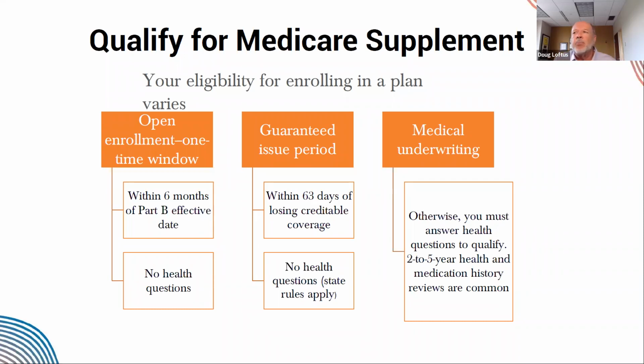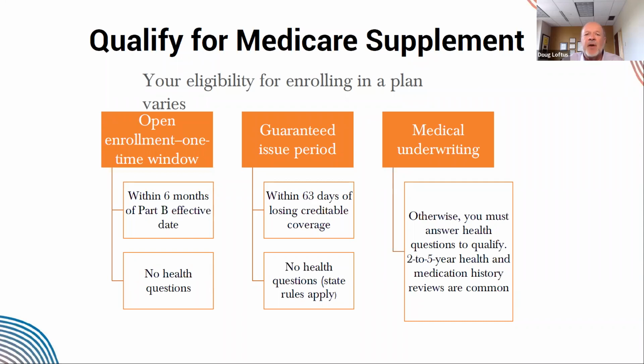But once you enroll in Part B, you have 6 months from the effective date of your Part B to enroll in a Medicare supplement without any medical underwriting. So that is the only time you can enroll, in your open enrollment period or your special enrollment period, the first 6 months after your Part B is effective. That is why it's a critical decision when you first enroll in Medicare Part B.